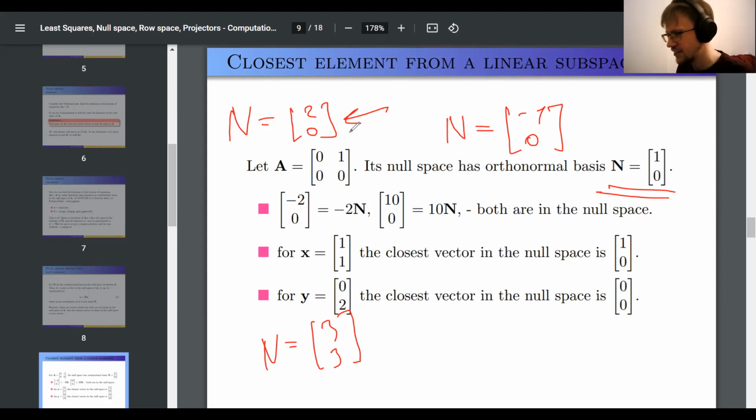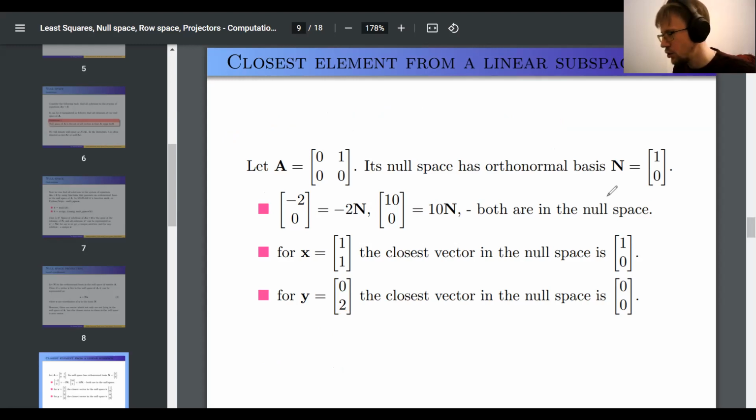Okay, good. So this is our normal basis. I think you would all agree that it is indeed the basis in the null space. Why? Because as long as you multiply this by anything and this by nothing, you would get a 0 output.